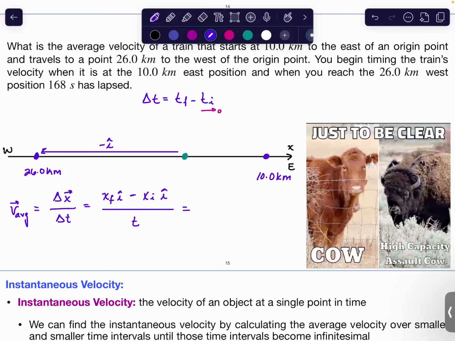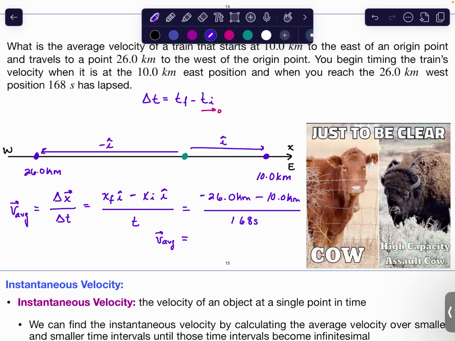So we're going to have negative 26.0 kilometers minus, that's your positive i hat direction, so we're going to have a minus 10.0 kilometers. And that's going to be over 168 seconds.